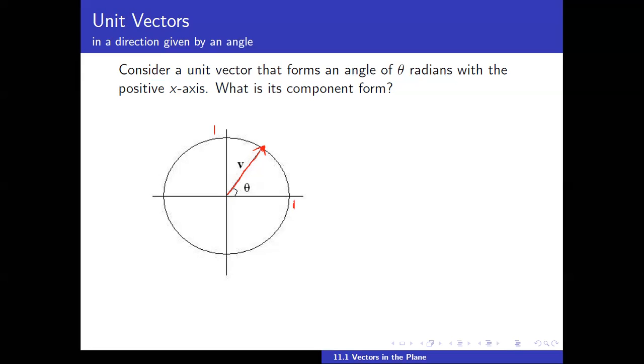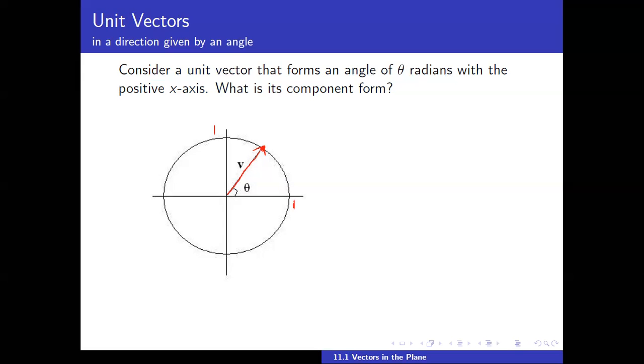What would the components of that vector be? If it has length 1 and forms an angle of theta with the positive x-axis, what would the components be? Cosine theta, sine theta. Yeah? That's the definition of cosine and sine.